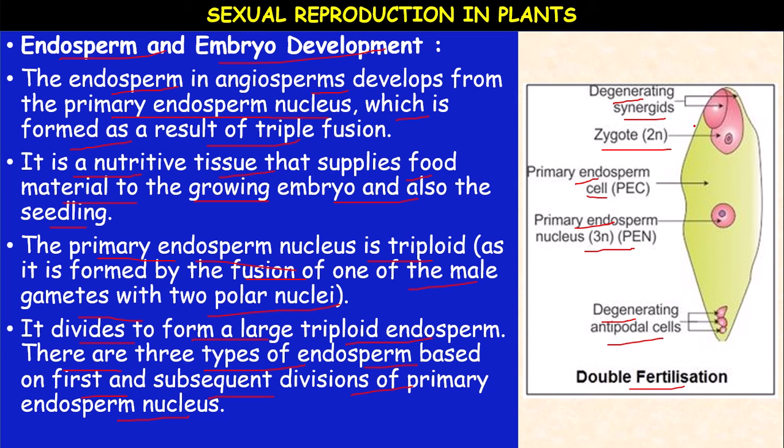In the first fertilization, one of the male nuclei combines with the egg cell at the filiform apparatus to form the zygote. Then the second fertilization takes place between the secondary nucleus or polar nuclei and the male nucleus to form the endosperm nucleus. This is called double fertilization, triple fusion.